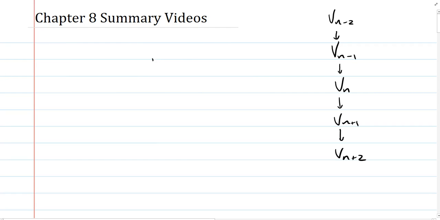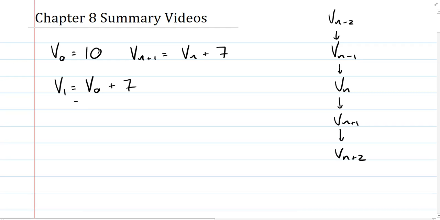So here's a recursion relationship. So here's V0, so term 0. We're going to make that 10. And Vn plus 1 is equal to Vn plus 7. That means that the next term in the sequence is equal to the last term you had plus another 7. So V0 is 10, V1 has to be V0 plus 7, which is 10 plus 7, 17.